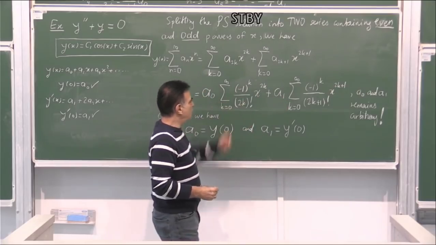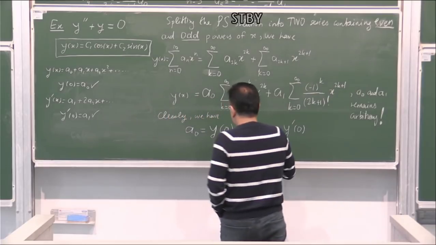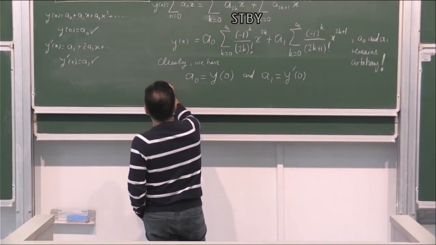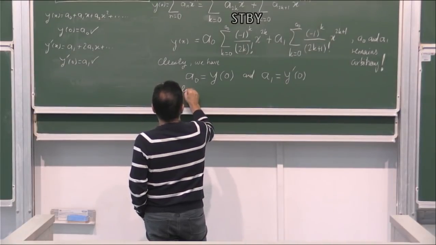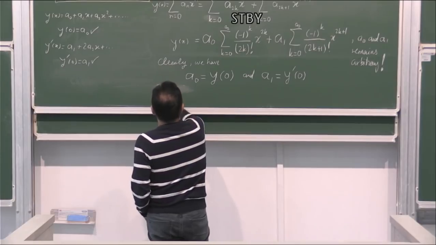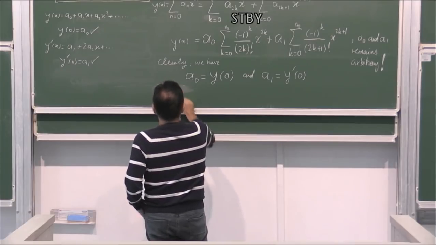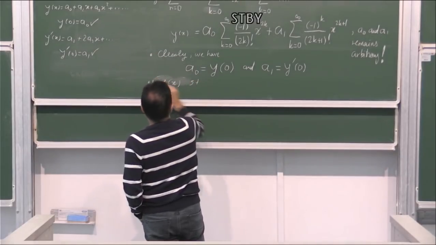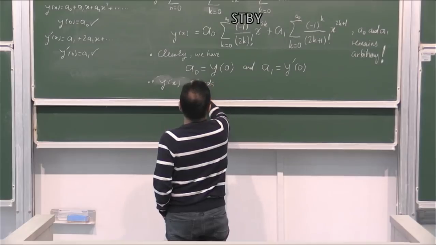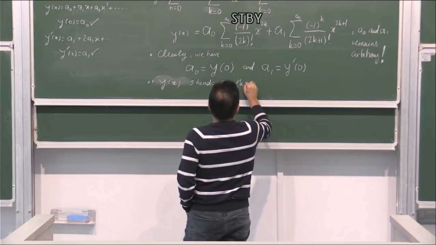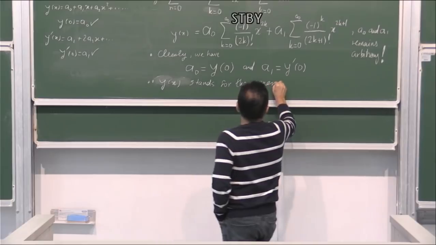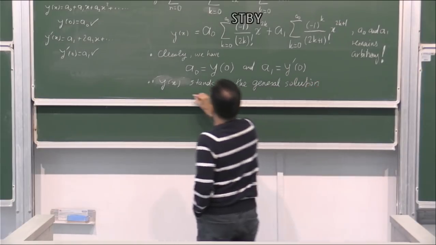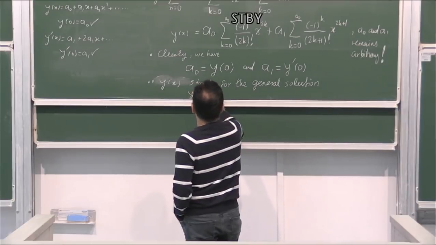So this is the general solution, as we see, and y of x, the solution, stands for the general solution, which is of that form.